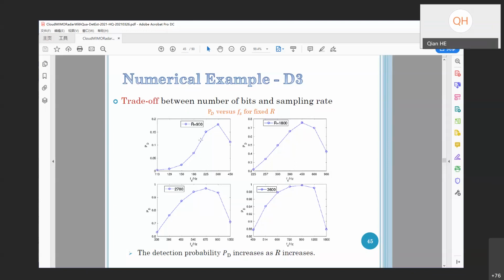So when Fs is bigger, that means your number of bits is decreased, so it will hurt you. There is always a trade-off between Fs and B. So when you want to stop increasing Fs, you just stop at the peak value. You should stop here, stop here, stop here. So this example tells you that you can find the optimal sampling rate by looking at the performance.